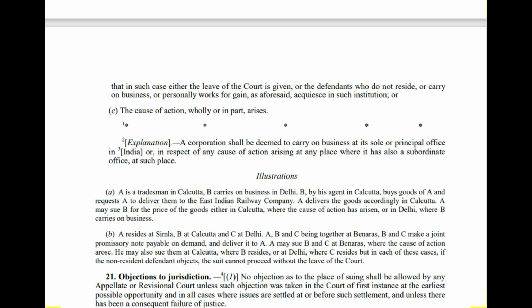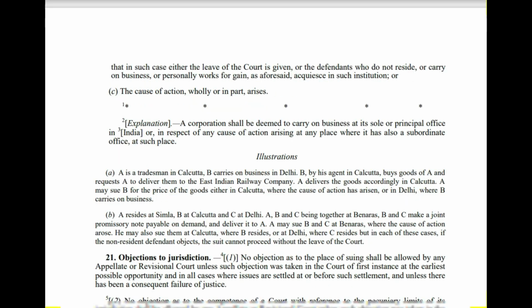Generally, that is how a big corporation works. In that case, if there is some dispute against this corporation, then the case can be filed where it carries on business in its principal office, or where it has a branch office or a subordinate office. Let us move to illustrations.